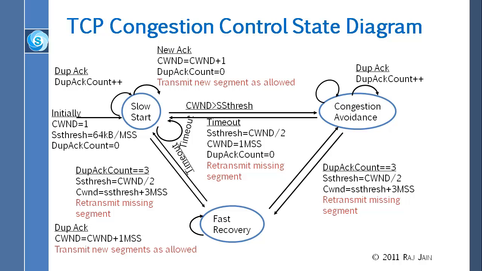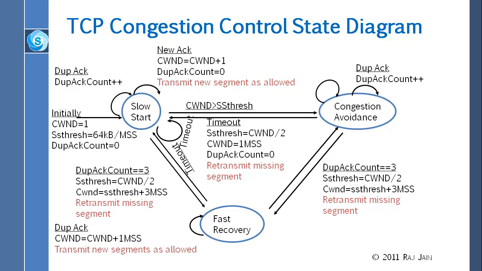So basically, let's read line by line very carefully. When you are in slow start, there are many things possible. Have you seen this kind of state diagram before? Most of you? Okay. So these lines indicate the events, and one side of the line is the action, and the other side might be a condition.